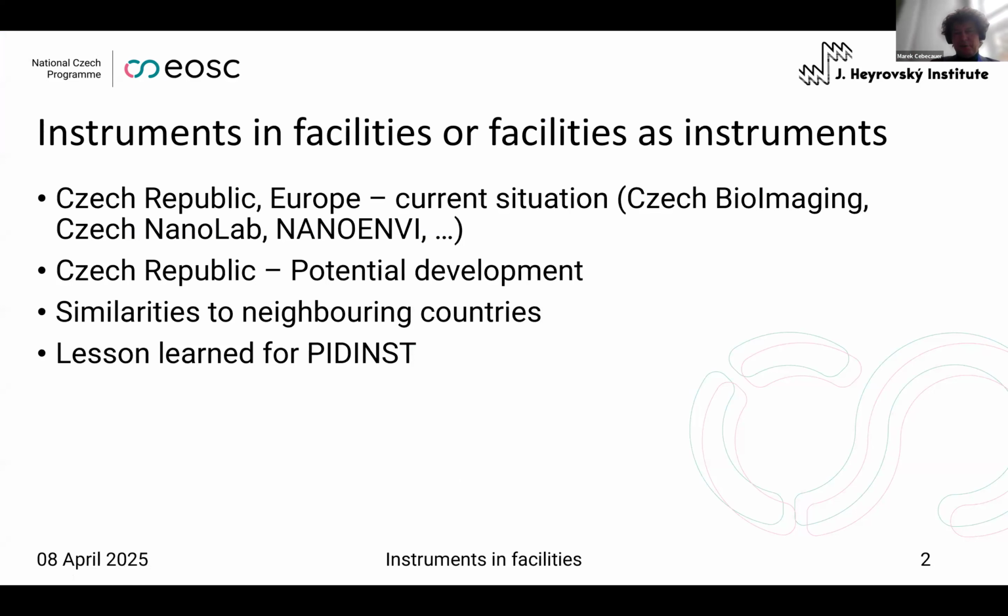I also will probably mention how it is similar to, for example, Austria or Poland, which are neighboring countries, and then what our view is on identifying instruments and facilities in the process of developing automation systems for harvesting data and metadata. So how we handle this.